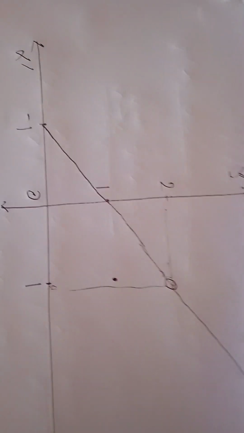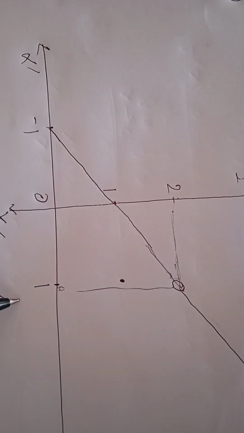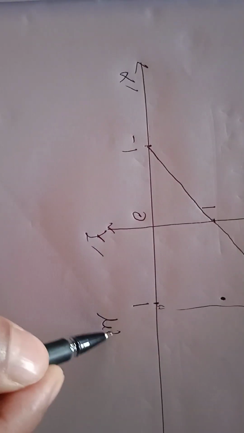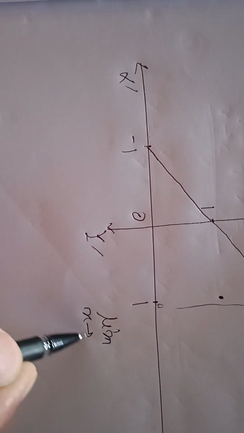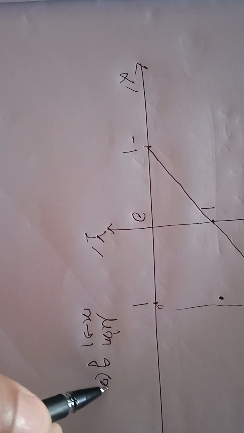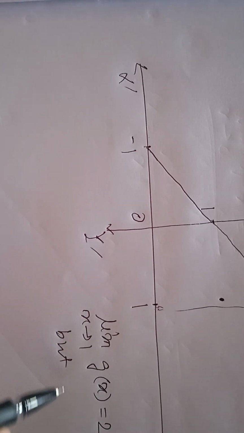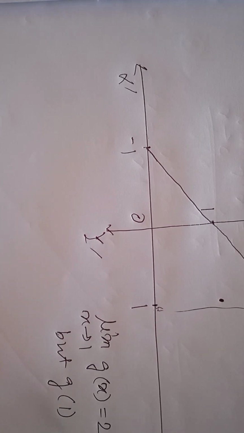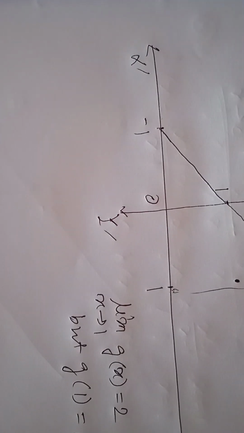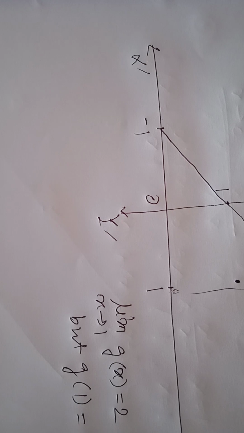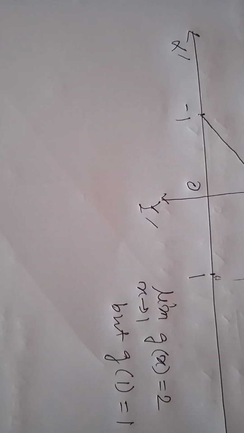So for this function, the limit as x tends to 1 of g(x) equals 2, but g(1) equals 1. So for this function the limit value and the functional value are different.